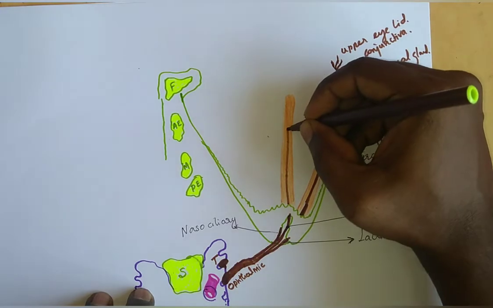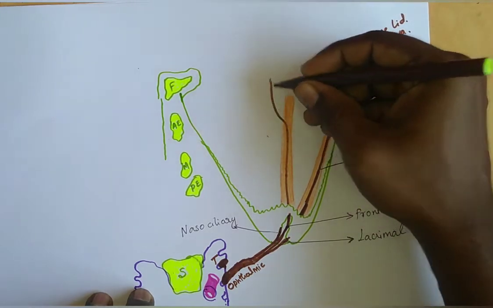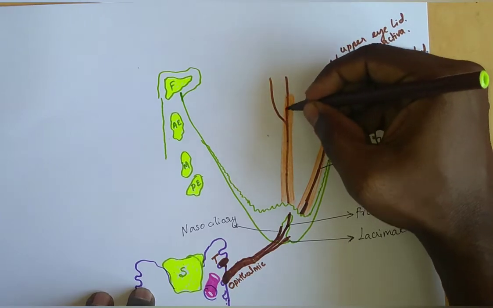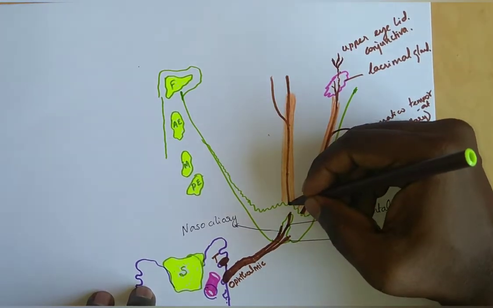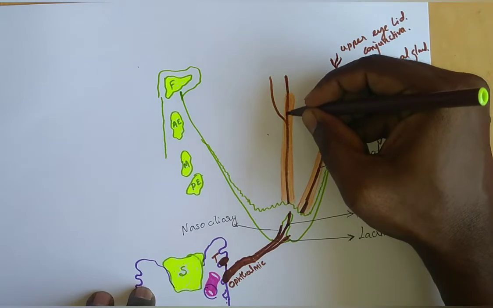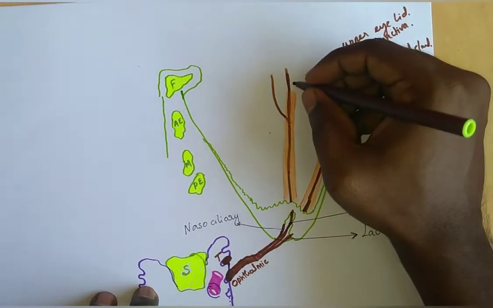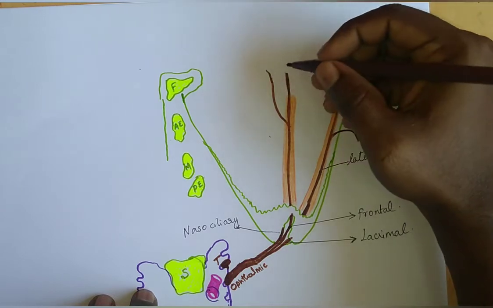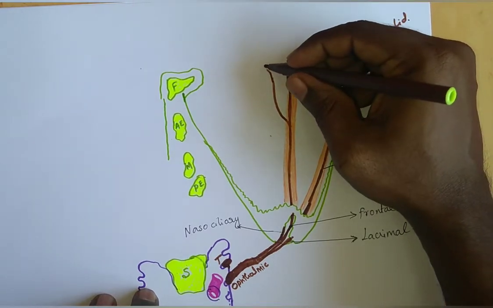The frontal nerve divides into two terminal branches. One which goes straight, taking the same course as the frontal nerve, is the supraorbital nerve, and the branch which goes a little medially is called the supratrochlear nerve.